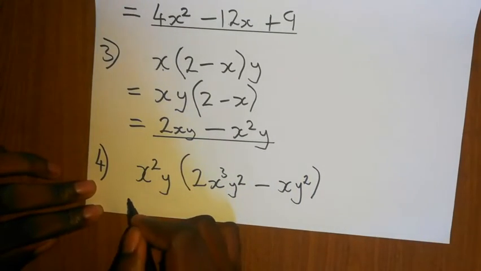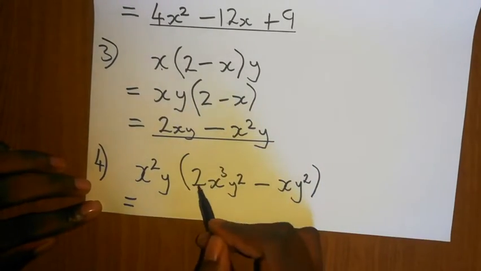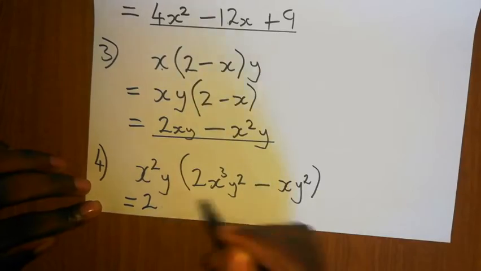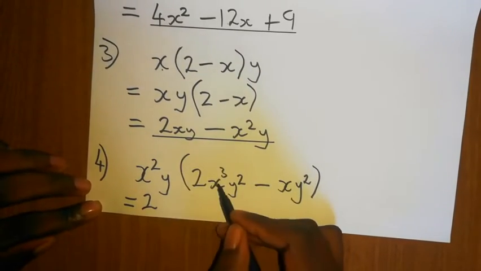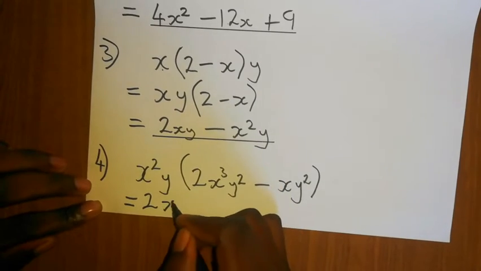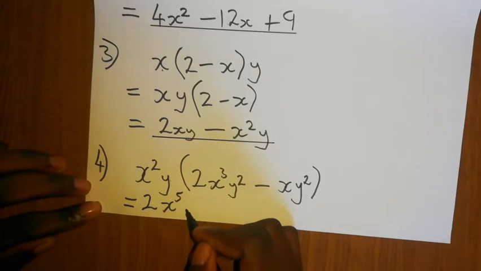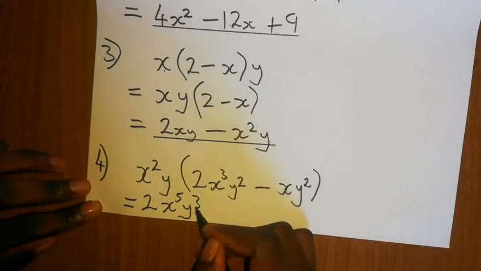So it's going to be equal to, I'll put down my 2, then x squared times x cubed. Bear in mind, if you're multiplying, we are going to be adding our powers, so I'm going to have x to the power 5. Then y times y squared, I'm going to have y cubed.